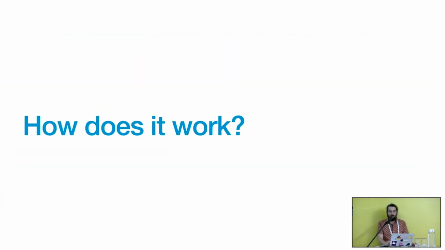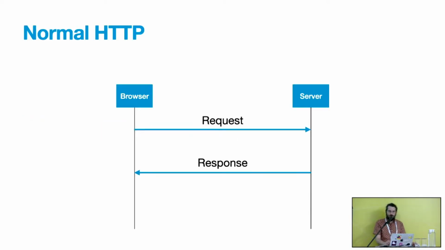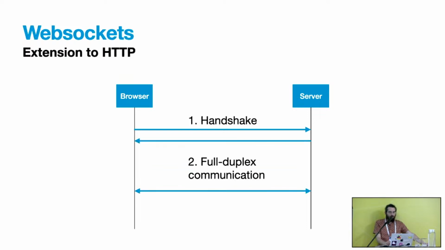So let's talk about how this works. So I mentioned WebSockets. So first we should talk about HTTP in general. HTTP is, the client makes a request, it gets a response back. Pretty basic stuff. WebSockets are another layer that's implemented on top of HTTP that provides real-time communication.